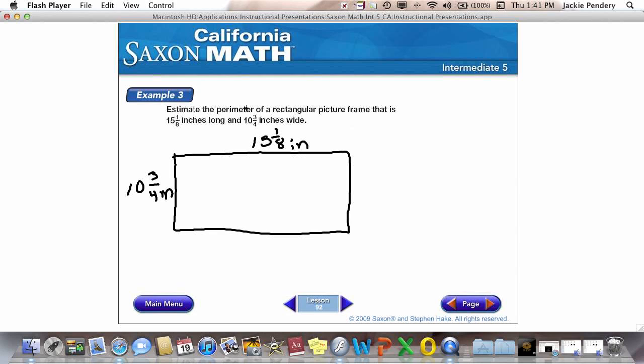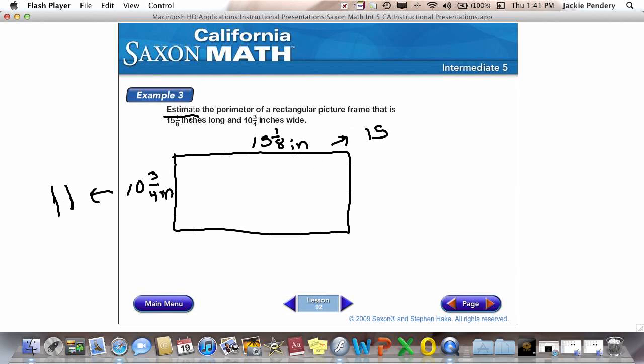And I'm going to estimate. So 15 1/8, I'm going to round to 15. 10 3/4, I'm going to round that to 11.